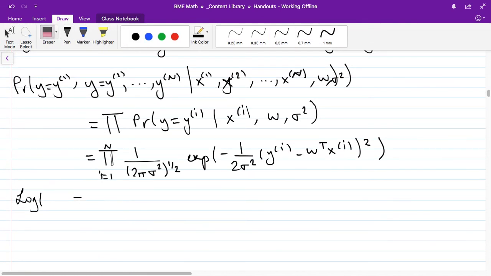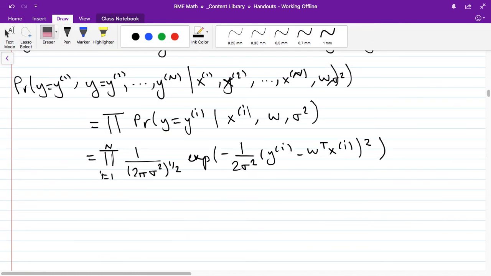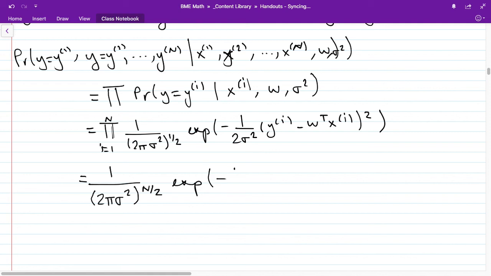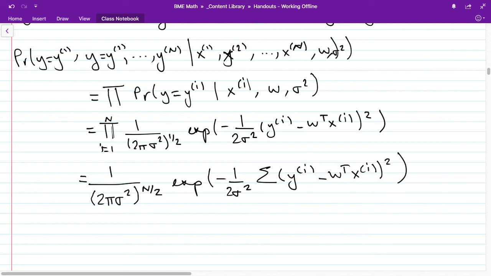Instead of having a shortcut, let's just actually multiply this through. So this is going to be equal to 2 pi sigma squared to the power n over 2 times the exponential of 1 over 2 sigma squared times the sum of y_i minus w transpose x_i, squared.